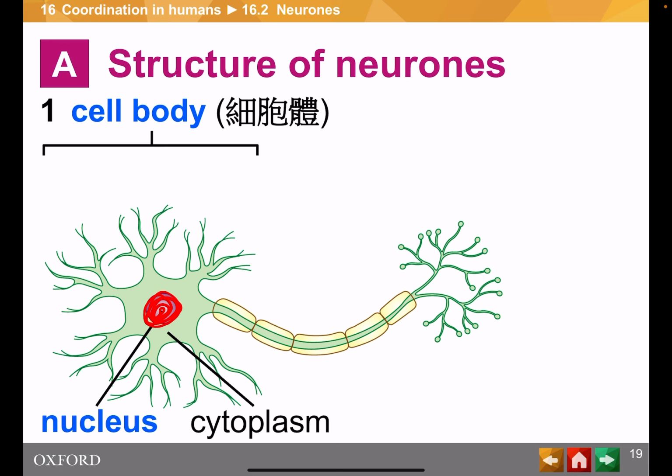What organelles will you find there? Can you guess? Yes, mitochondria, right? Because for nerve impulse transmission, the nerve needs to produce and also transmit the nerve impulse, which requires energy. So you can find a lot of mitochondria and also some rough endoplasmic reticulum.